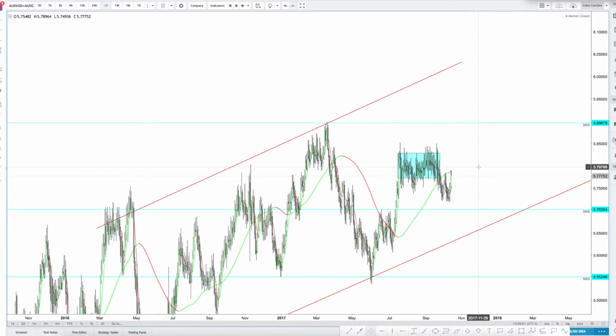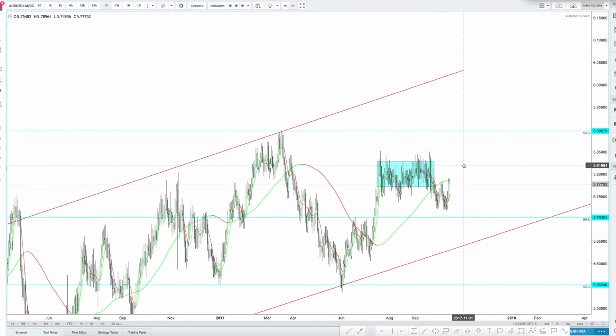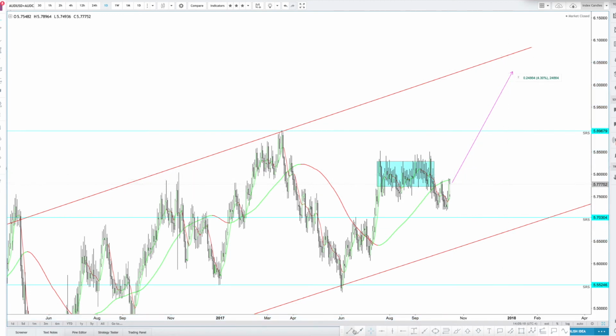So I don't have an opinion or anything like that on Australian dollar right now, because it could really just kind of keep going to that trend line here. But you can also test this trend line first.